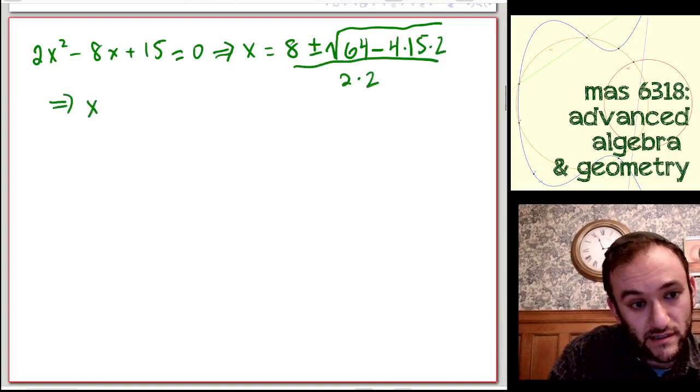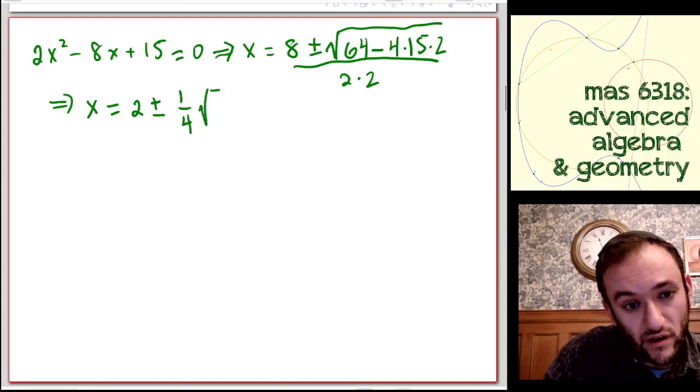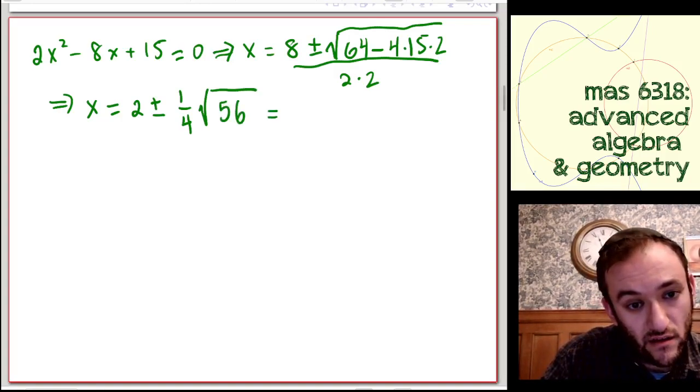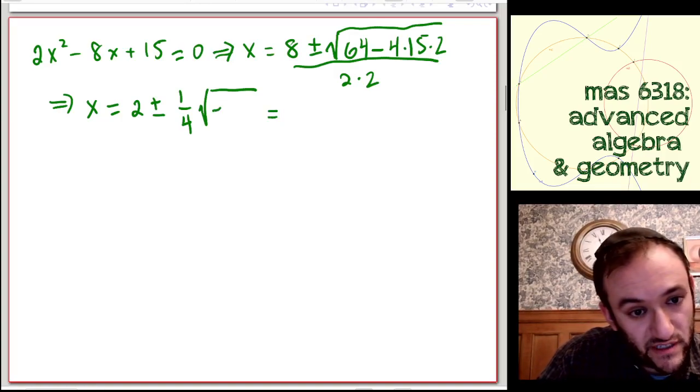So that means x is equal to 2, after you divide out by 4, plus or minus a quarter of the square root of 56. Okay, after you do the math on the inside here. Sorry, it should be minus 56.